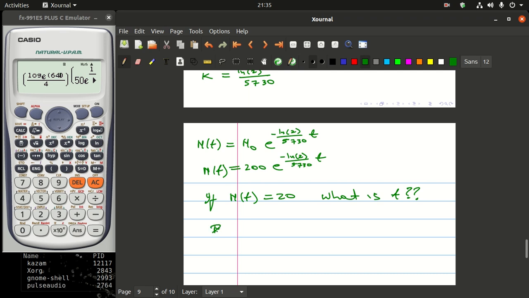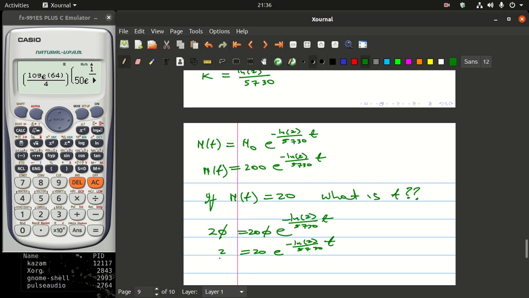I'm going to end up having 20 equal to 200 e to the minus ln of 2 all over 5730 t. And then I have a 0 there, and the 0s I cancel out, and then I have 2 equal to 20 e raised to minus ln of 2 all over 5730 t.